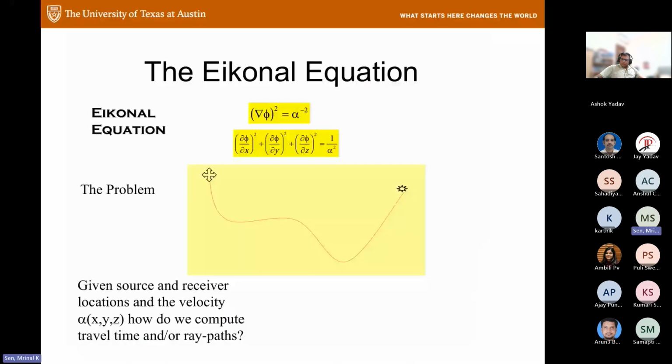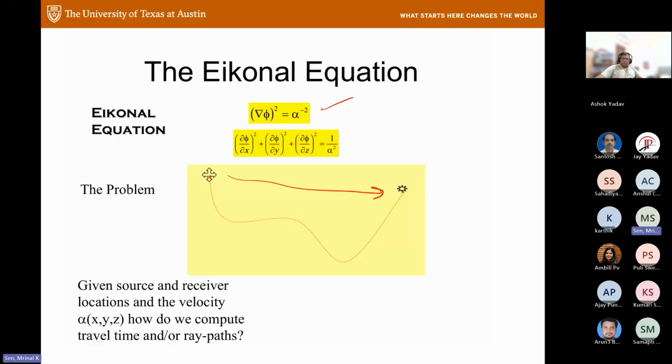Okay, so let's see how we can actually use this Eikonal equation for, say, ray tracing or for travel time calculation. So this is your Eikonal equation, and for a source, you want to know the receiver. Given that, you want to know the ray path connecting source to the receiver. For the homogeneous case, you know that this is a straight line path, right? So if I, without looking into the equation, were to ask you, what is the path that connects the source to the receiver?